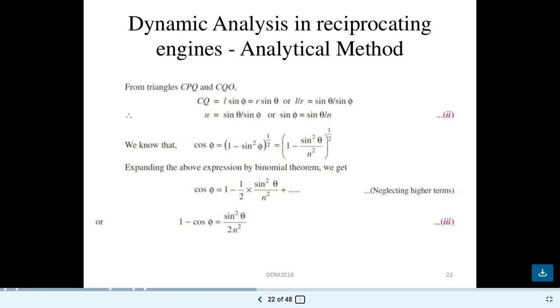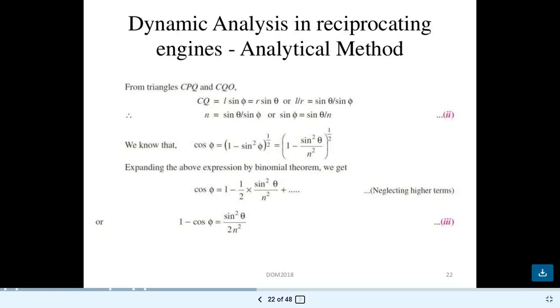So sin phi can be rewritten as sin theta divided by N. We substitute that value. Cos phi is equal to (1 minus sin square phi) power 1 by 2, so it is (1 minus sin square theta divided by N square) power 1 by 2.